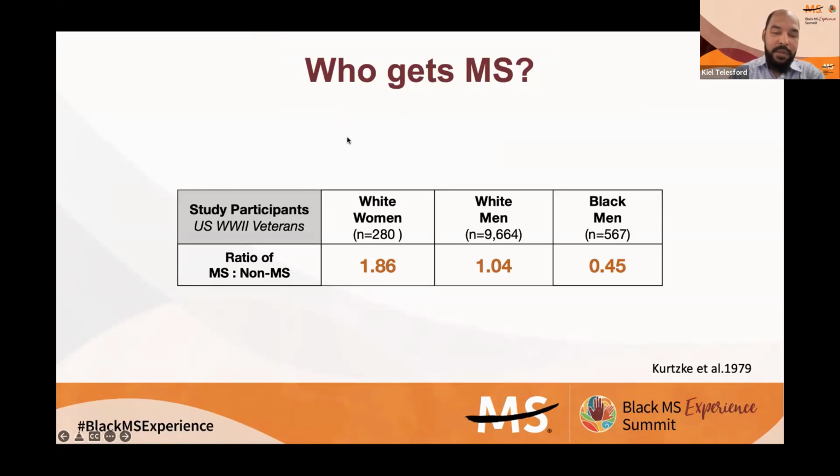And from these individuals, looking at the data and diagnostic data that was provided, the authors calculated the ratio or proportion of individuals who had MS to those who did not. And what we see from these numbers here is that white women, by and large, had a significantly greater proportion of those who had MS versus not MS.